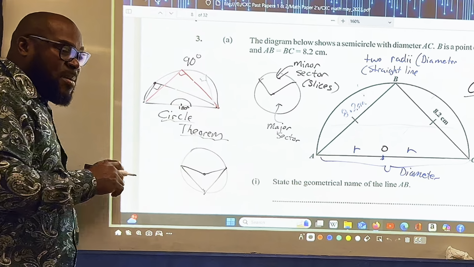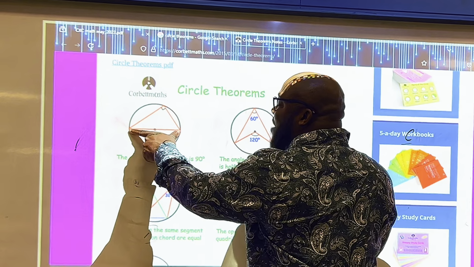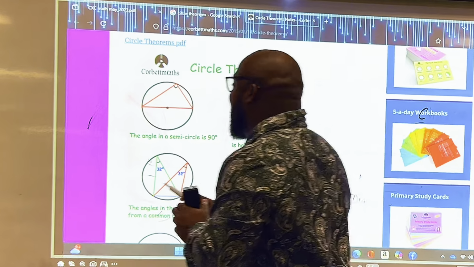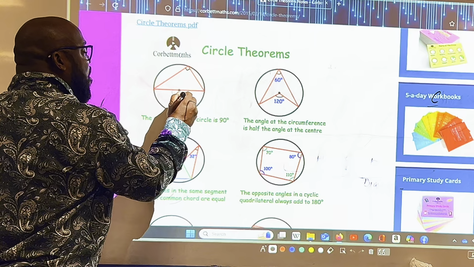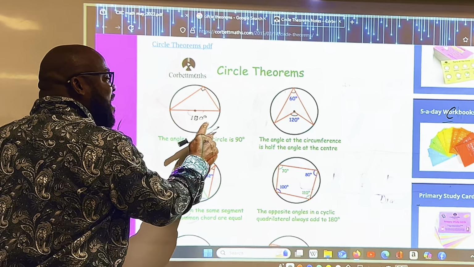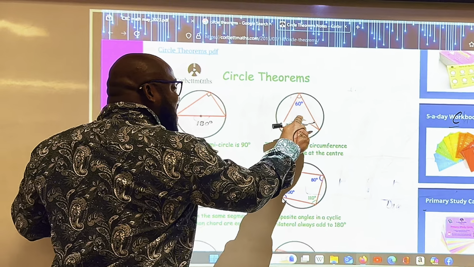Let me come back to that. Hold a second. This is what you call a diameter, and then the angle that is formed on the circumference is 90. And you know a straight line will be 180 degrees. Half of 180 is 90. This is the same.